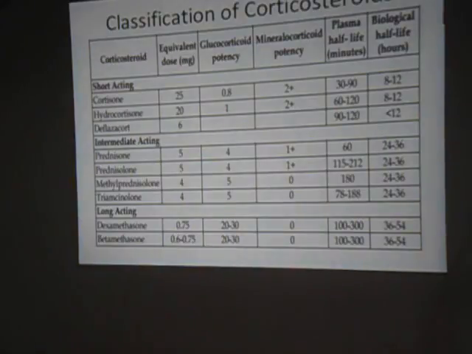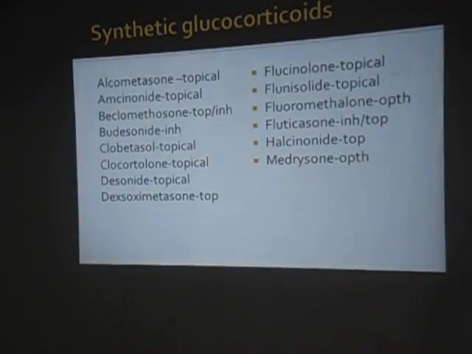long-acting drugs, dexamethasone, betamethasone, they find their use as oral drugs for skin infections and also in cases of asthma. So some of the other agents are formoterol, that is topical. Beclomethasone, you already know it is for inhalation. Beclomethasone and budesonide form part of our metered-dose inhalers.